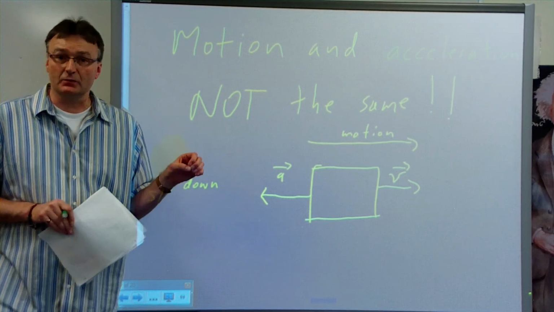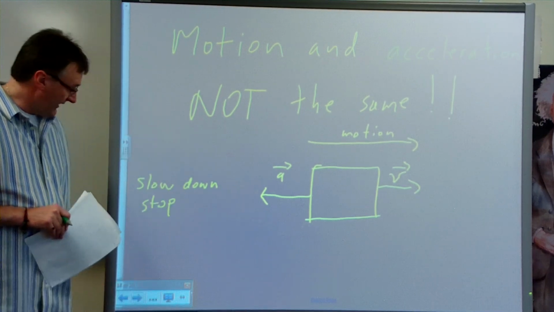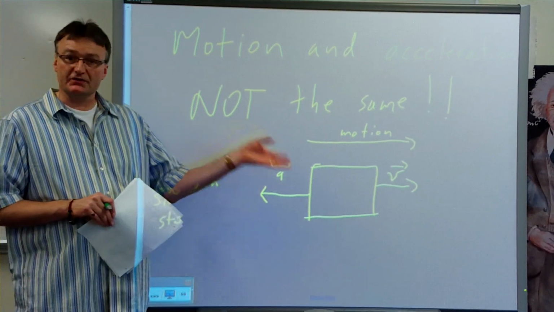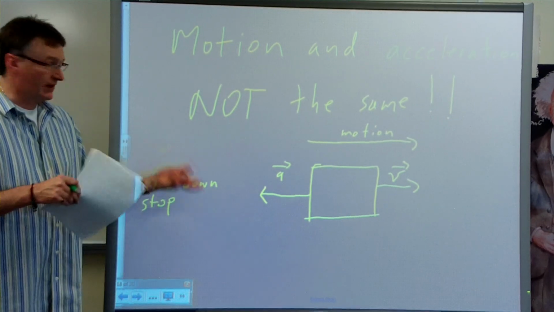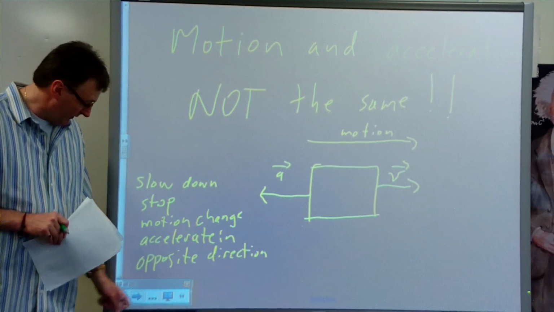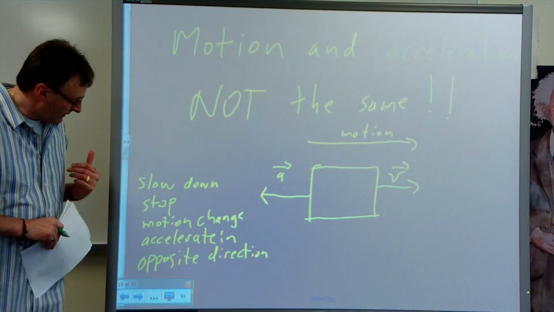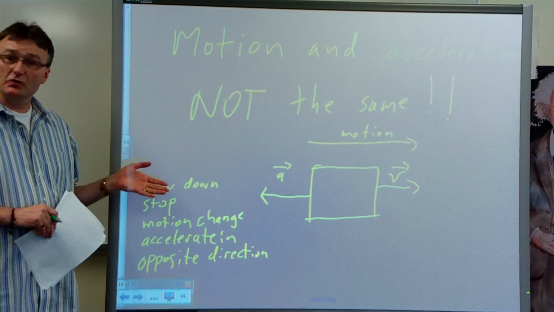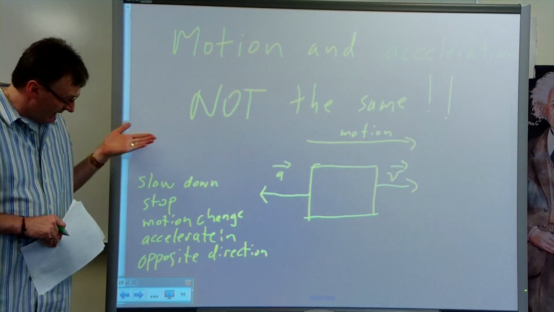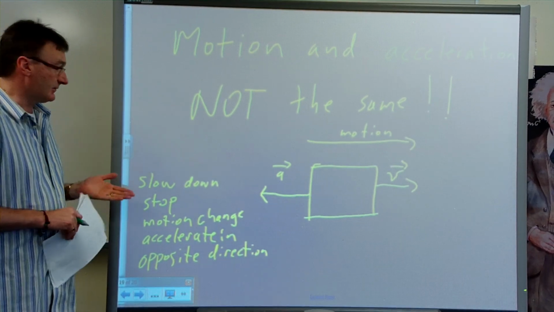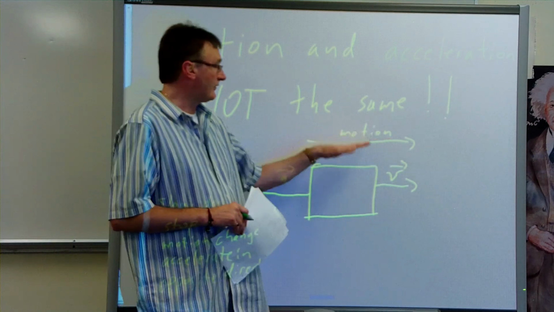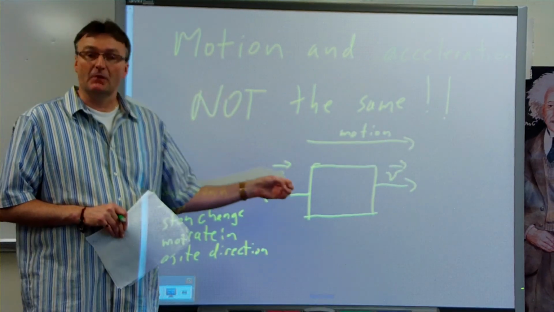And if that acceleration were to continue, then what would happen is eventually the object will stop. And if the acceleration carries on further, then your object will change motion, change direction of motion, and accelerate into the opposite direction. So the motion that we have on our diagram is indeed the initial motion.